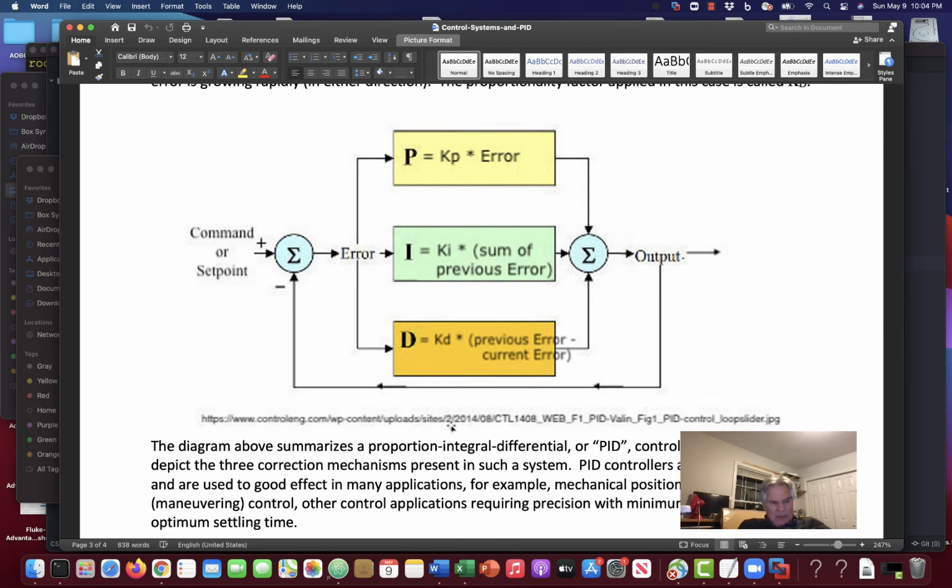When the system is commanded to move very quickly, we may want to tell the system, look, we don't want you to go too awfully quick because you might overshoot. So the derivative system kind of looks at the rate of change of the system and helps to put brakes on if the system is moving too awfully fast.